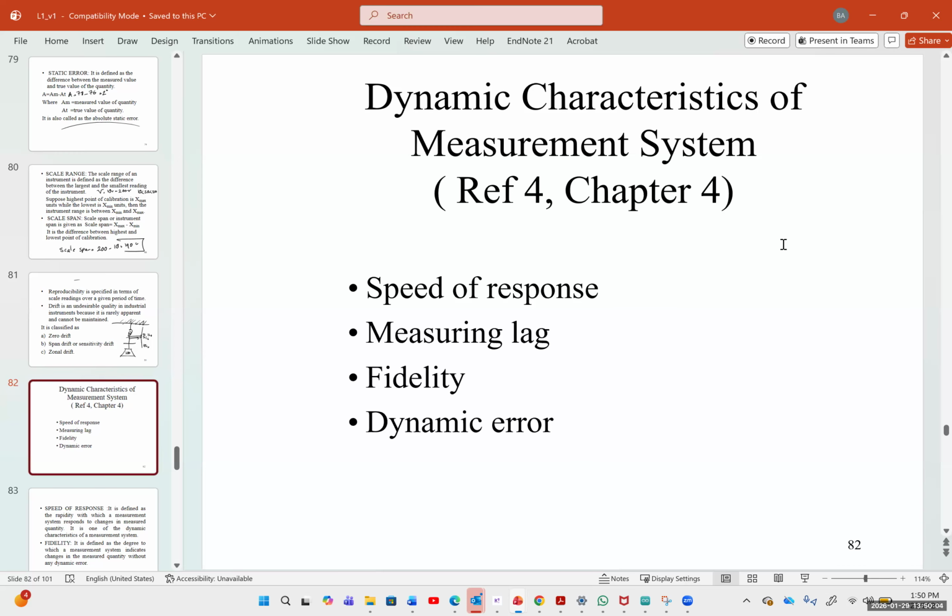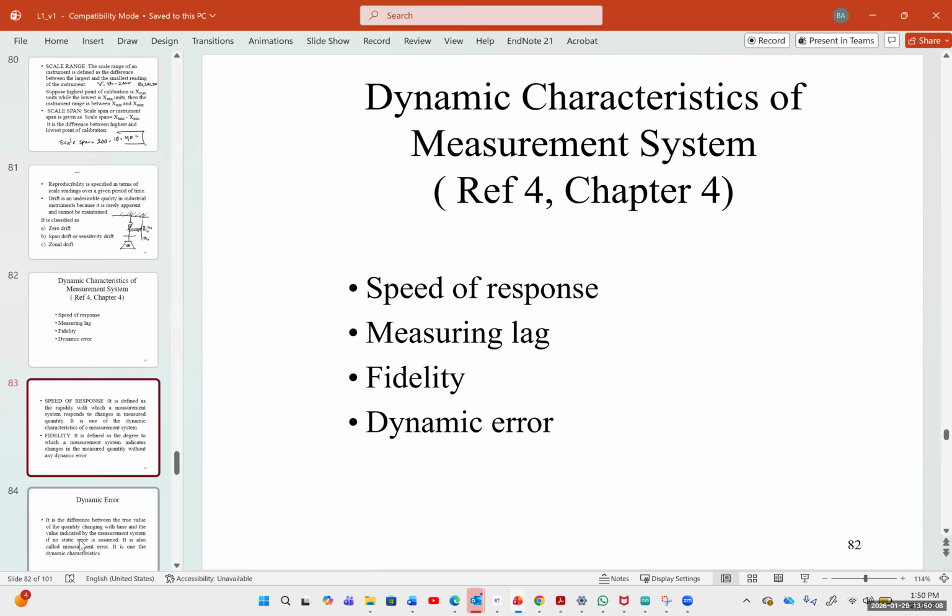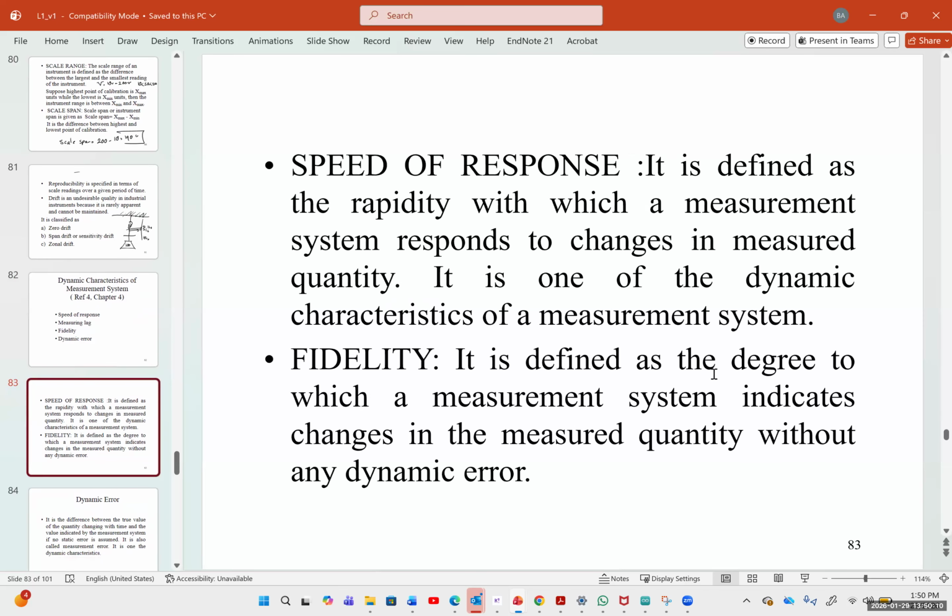So already you may know what the speed of response is. In measurement tools and instrumentation, we want something that is rapid, fast, and gives us rapid response. Imagine you have a radar, adaptive cruise control, and it measures the distance. It takes 2-3 seconds.